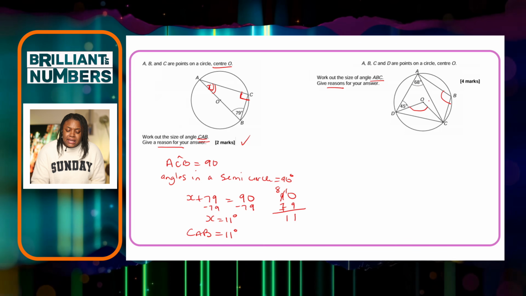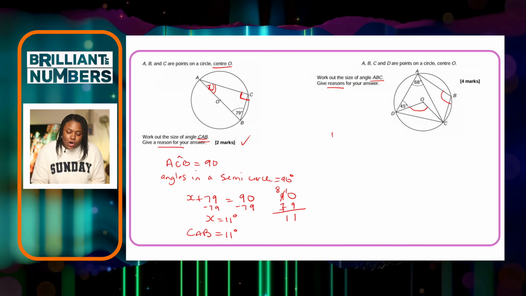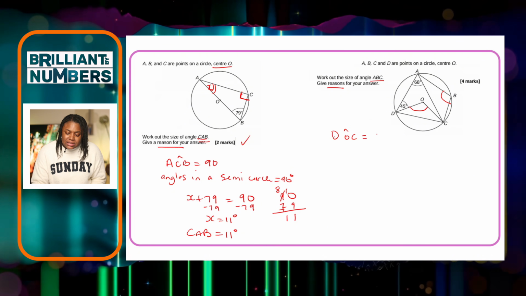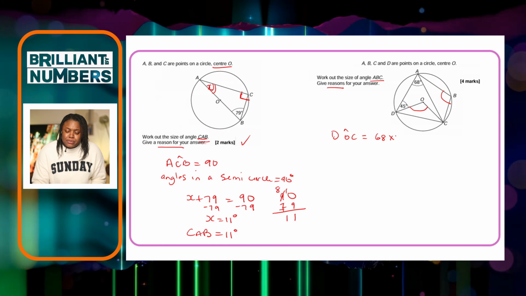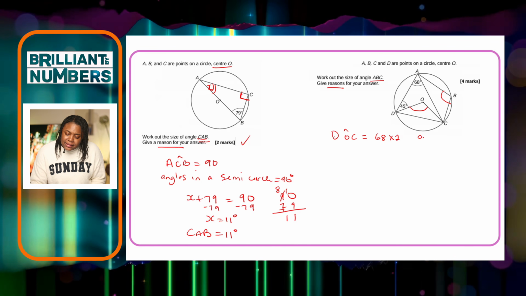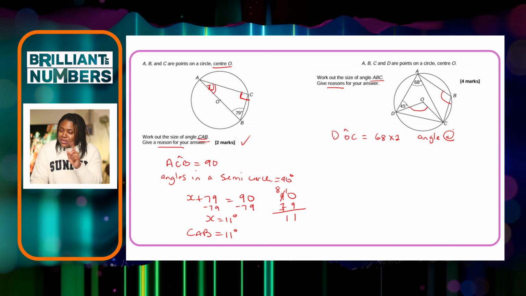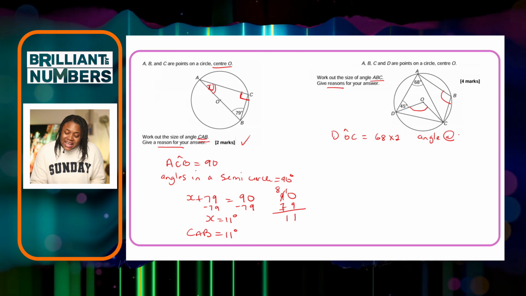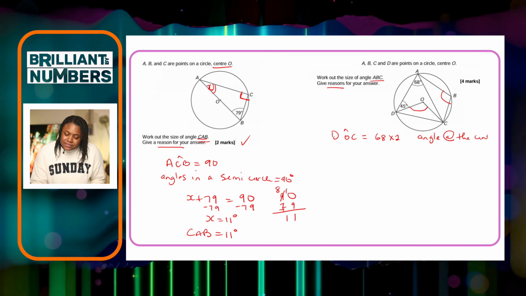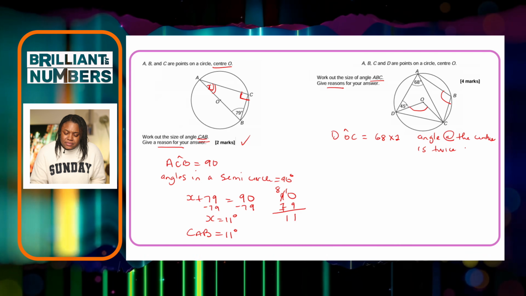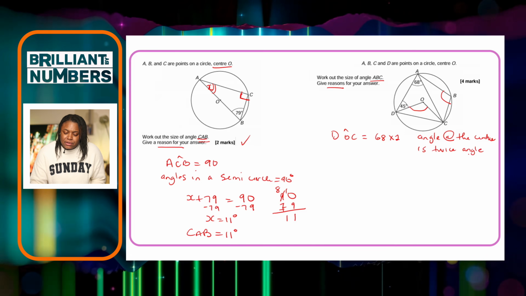So angle DOC is equal to 68 times by 2. Angle at the center, just going to put this at for now. You don't do it, write the word at out. Angle at the center is twice angle at circumference.